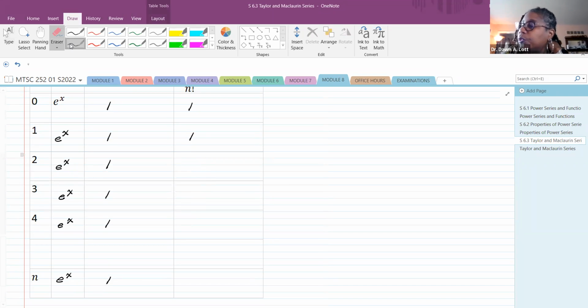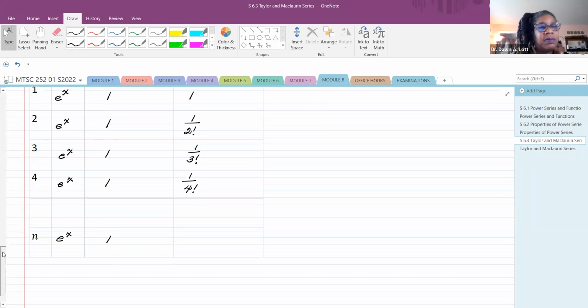I need 1 over 2 factorial. And I need 1 over 3 factorial here. And I need 1 over 4 factorial here. And I can guess that this will be 1 over n factorial just by my formula.